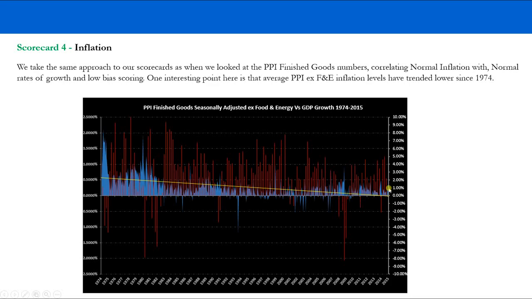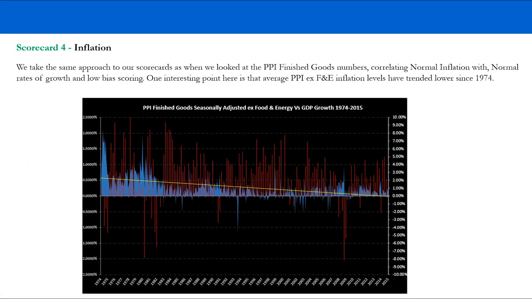So we can see that around 0.25% of PPI ex food and energy over this entire data set is equivalent to around 1% of GDP. And we know that is around the bounds of normality.